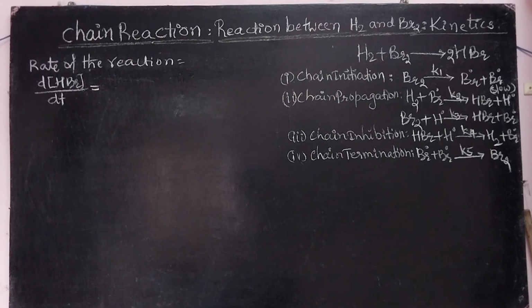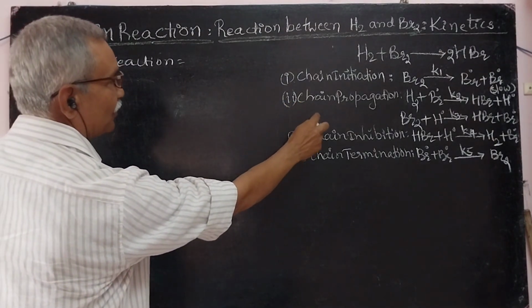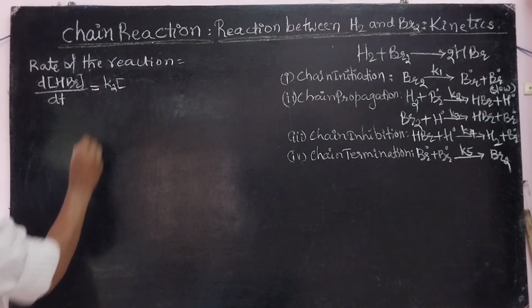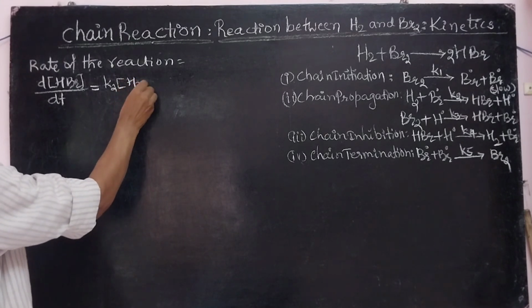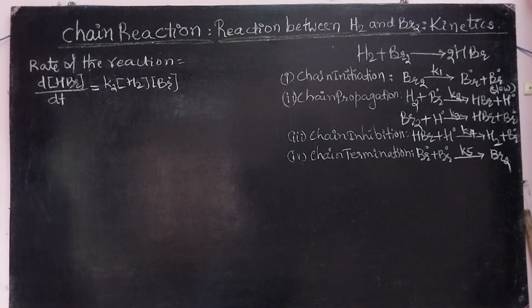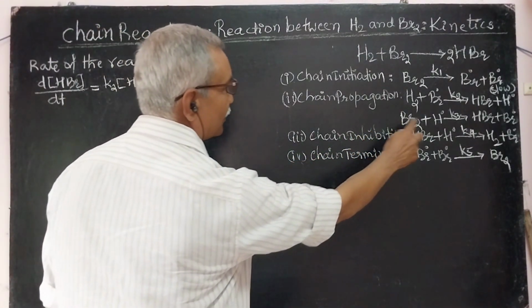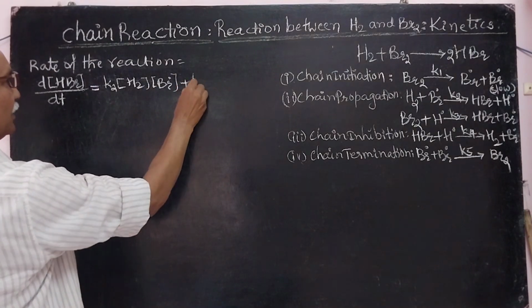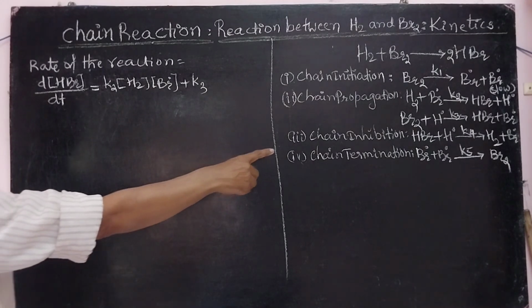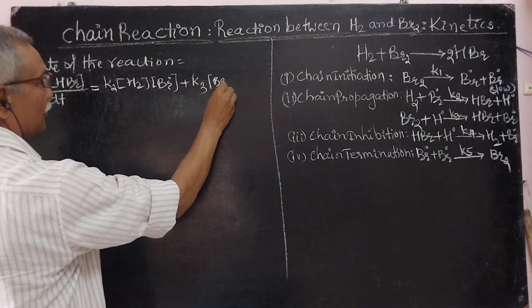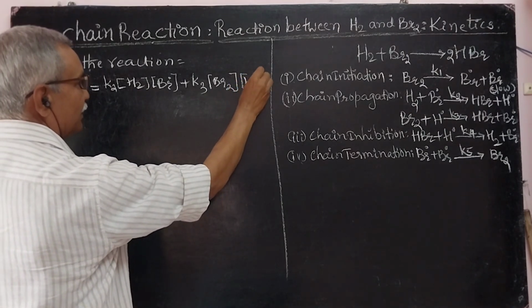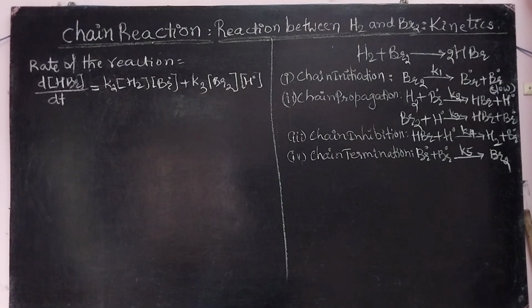Now, hydrogen bromide is formed in these 2 steps, that may be written as K2 into concentration of hydrogen and concentration of Br dot, one step. And here also HBr is formed, plus K3 into Br2 into H dot, that is the intermediate H dot, the active species.